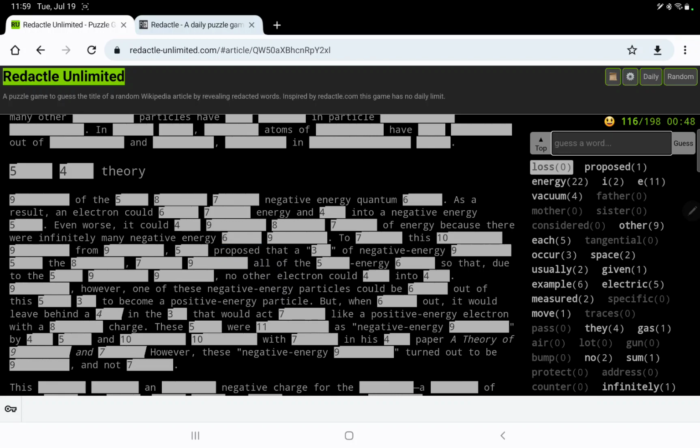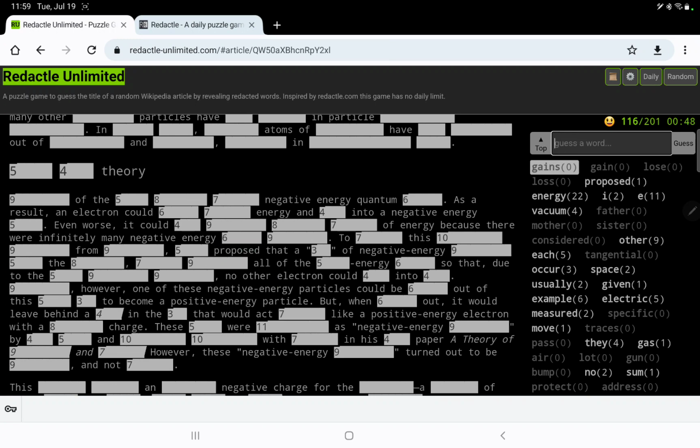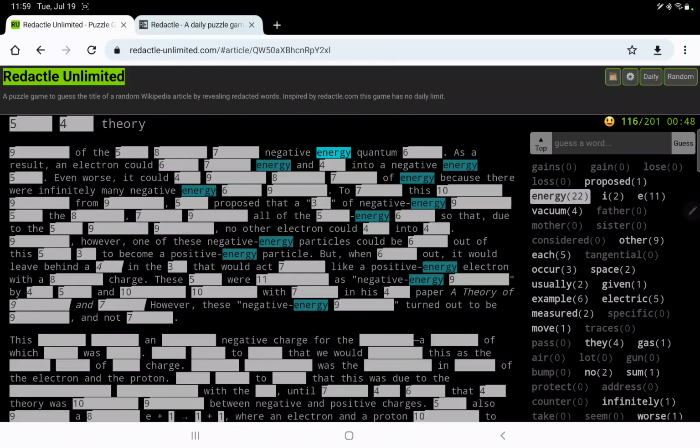Is there any energy loss or lose? Gain? Gains? No. Okay, let's go back to our energies. A lot of them bundled together in this paragraph.